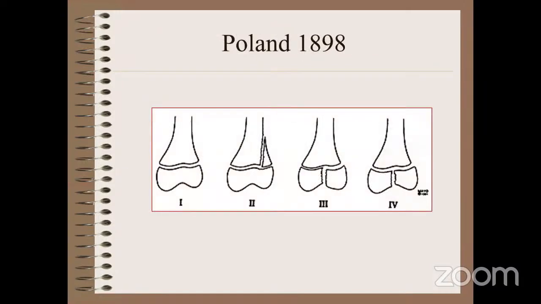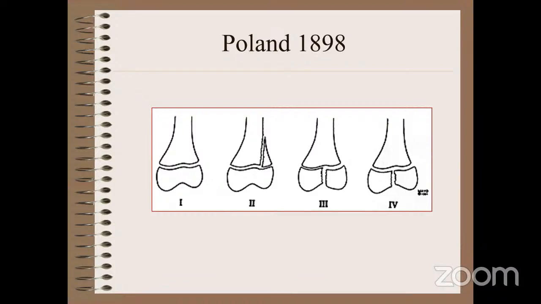Let's look at some classifications, and I'll give you a very good historic perspective and some background over it. Look at the year 1898. This was Poland's original classification of facial injury. Poland has classified it into 4 types: type 1, type 2, type 3, and type 4.